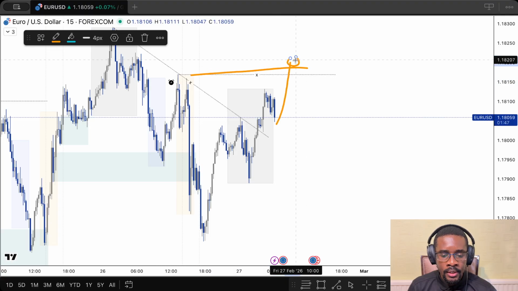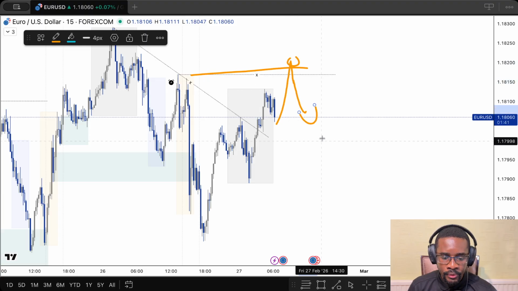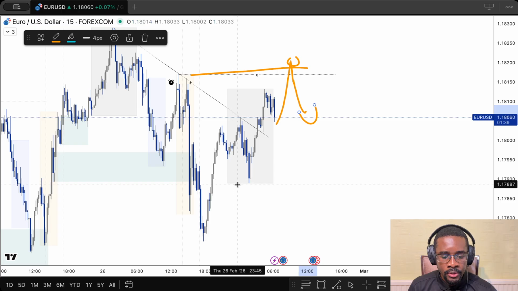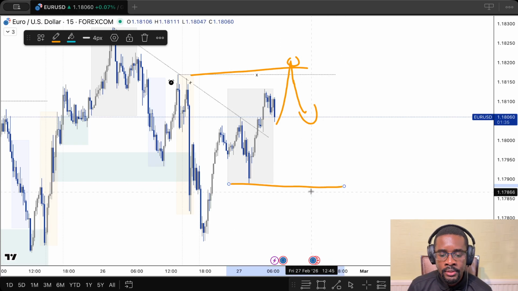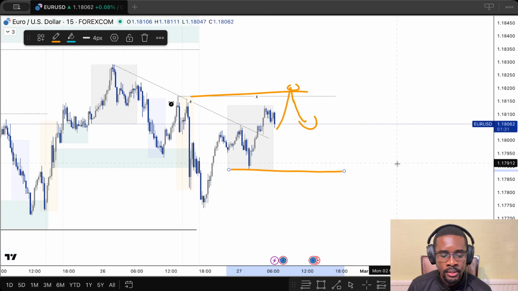Once it sweeps these highs, it will probably give me a confirmation to look for shorts. At that point I'll be looking for shorts, probably targeting this Asia low.